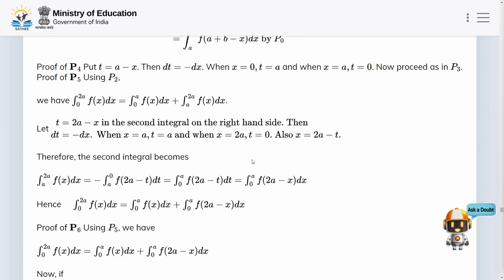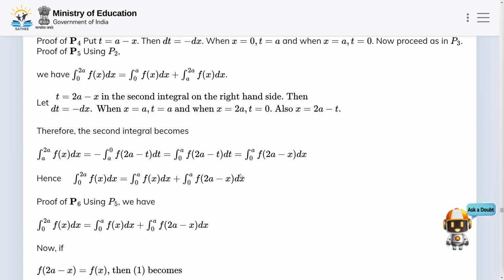Now you will get minus the definite integral from a to 0 of f(2a minus t) dt. Now using our properties, you can write it as the definite integral from 0 to a of f(2a minus t) dt. This can be rewritten as the integral from 0 to a of f(2a minus x) dx by using the P0 property.